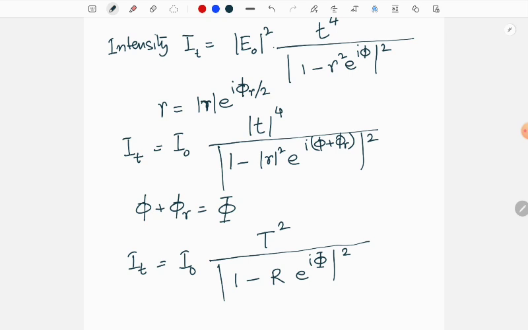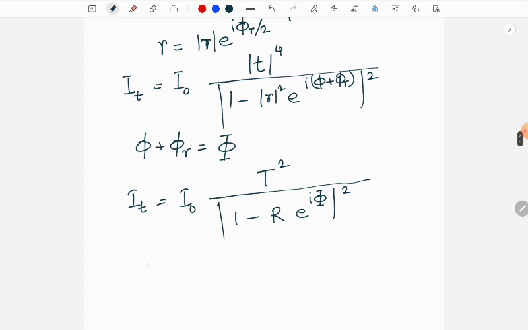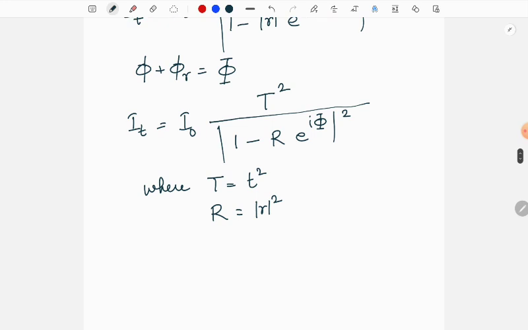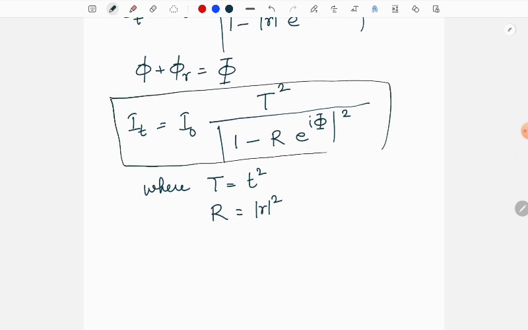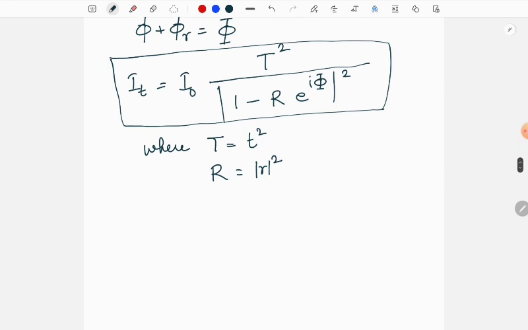Okay, where T is t square and R is mod r square. So this is what we have substituted, and this is one intermediate form of transmittance that we get here. Now we just want to figure out what this denominator is.